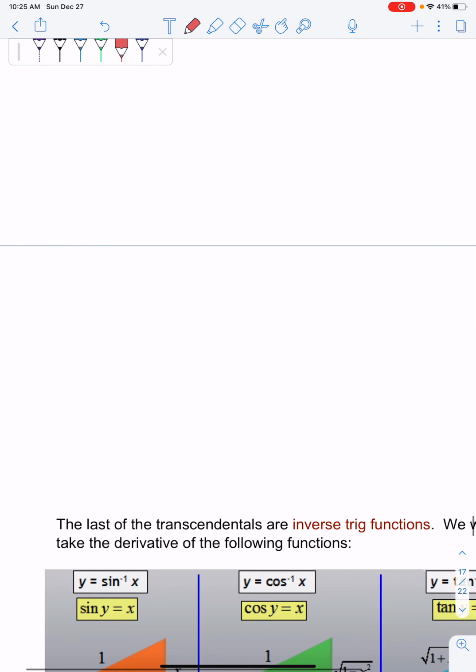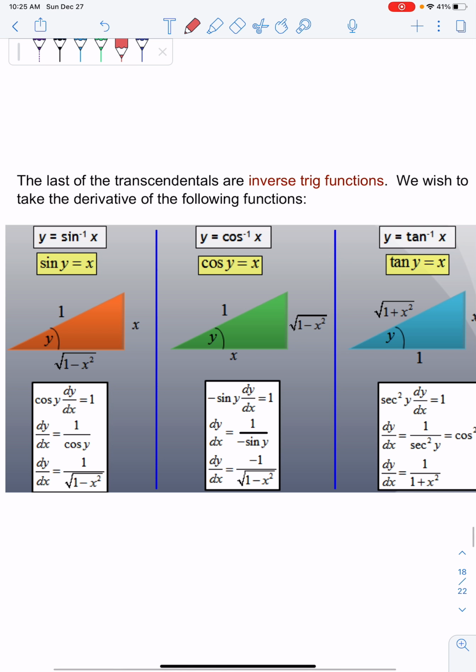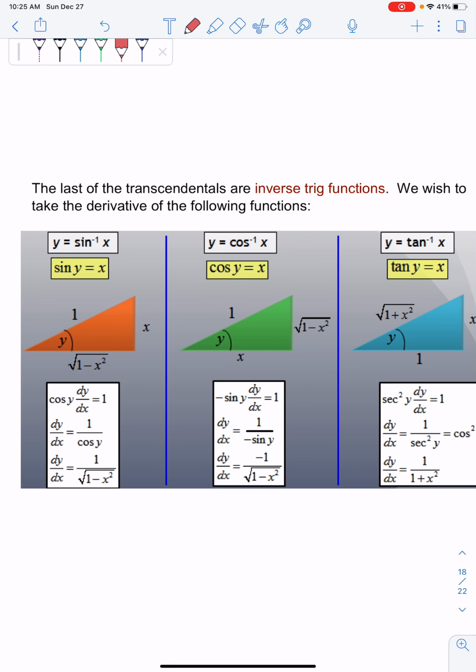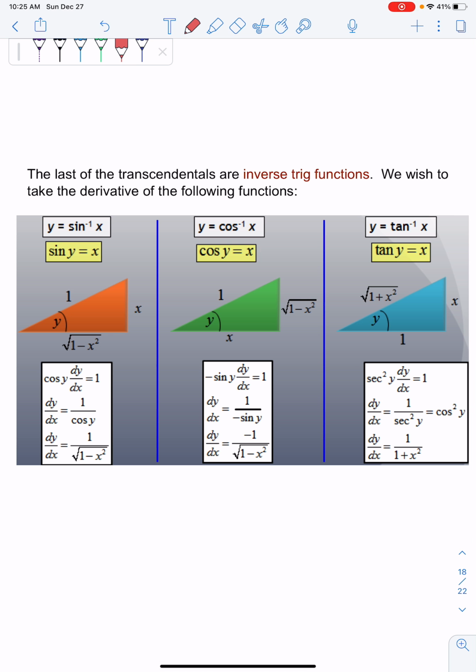Okay, moving on. These inverse trig functions are our last transcendental functions. So we're not going to take the time to walk through these proofs too much, but I did want to put them on here for you to see. If I have y equals the inverse sine of x, then what that means is sine of y equals x. And I drew a picture for you right here.